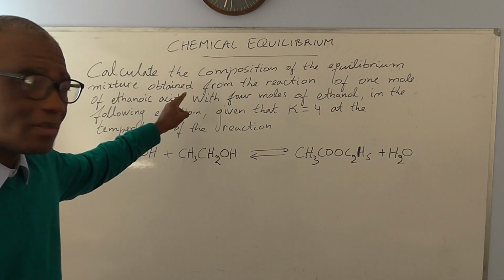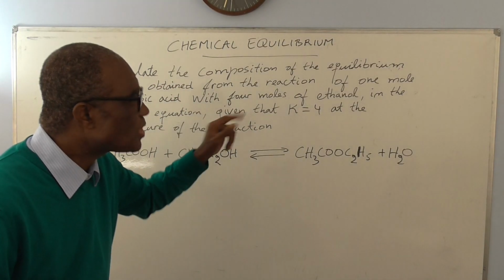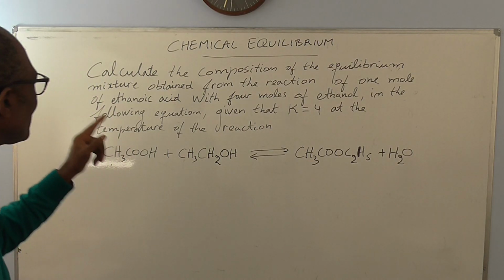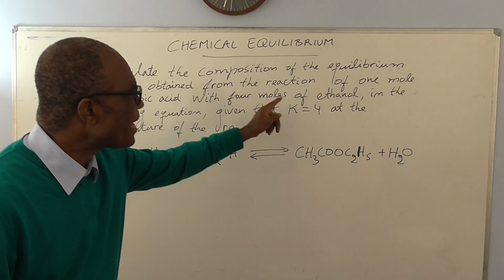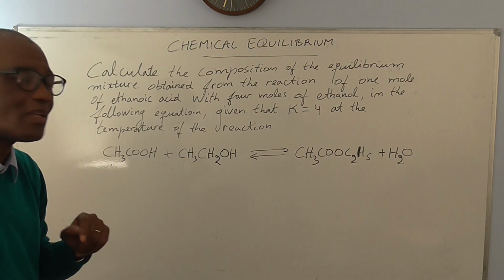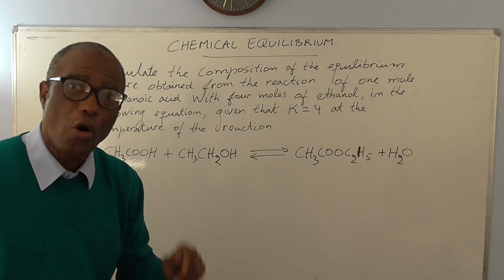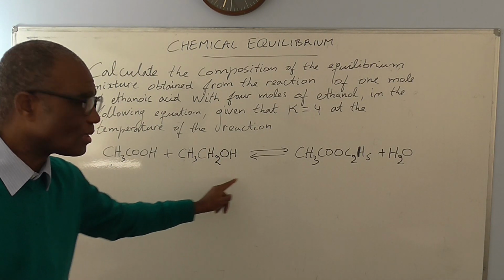The question says, calculate the composition of the equilibrium mixture obtained from the reaction of 1 mole of ethanoic acid with 4 moles of ethanol in the following equation, this equation.